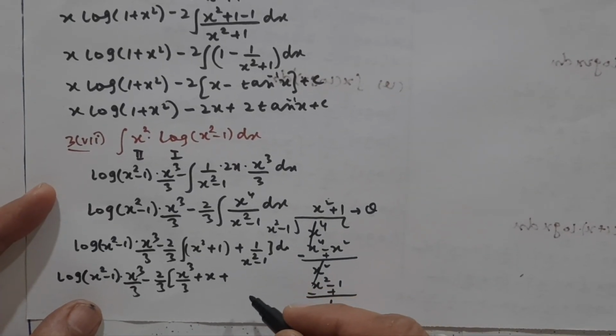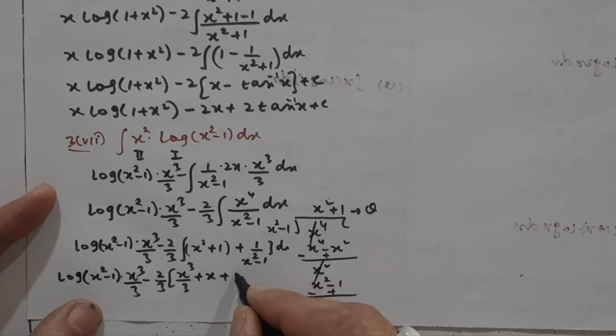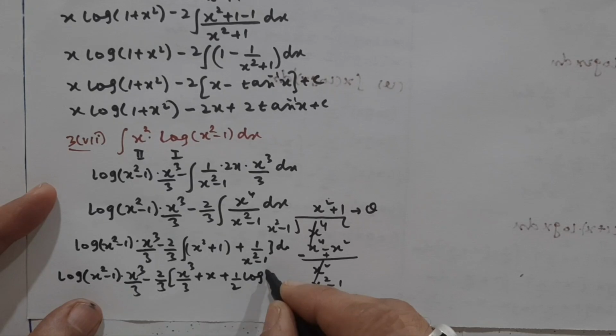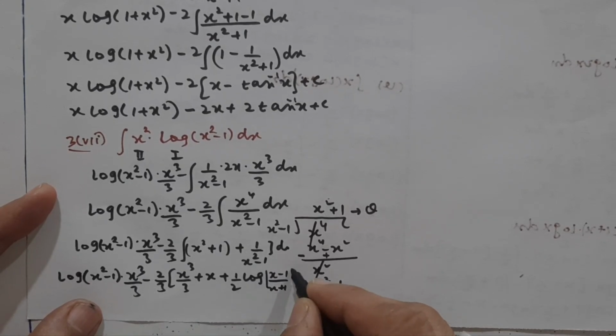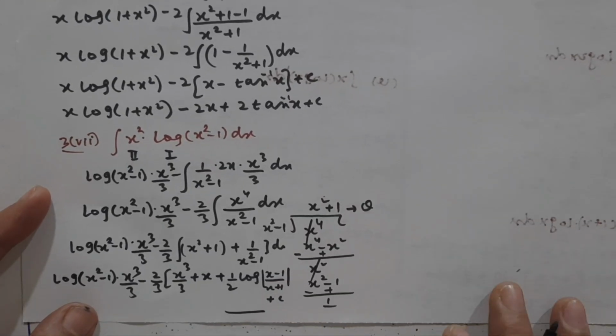So here we use the formula of dx upon x square minus a square. The formula is 1 upon 2a log of x minus 1 upon x plus 1. So this is the solution, students. I hope this is clear to you.